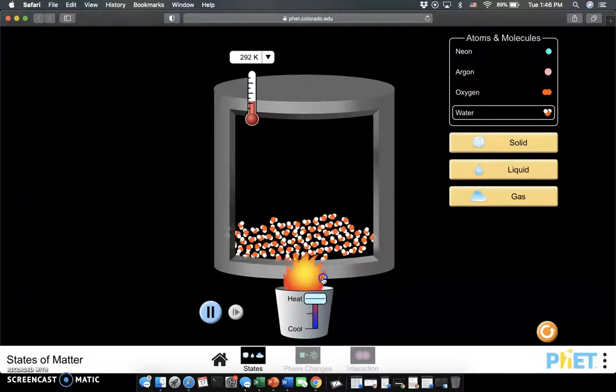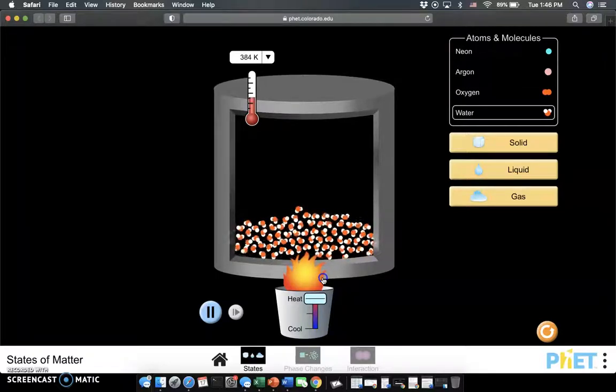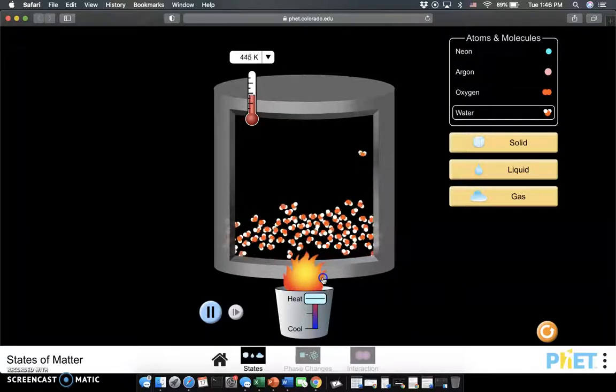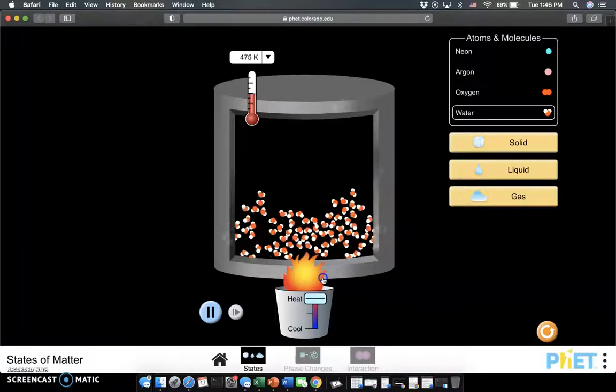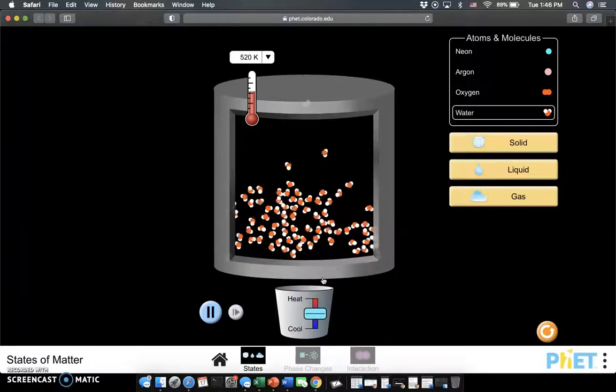So now I'm looking at water, and I'm going to heat that up. And you notice they're moving a lot more. You've even got some that are spinning. Now finally, some of them are becoming gas.